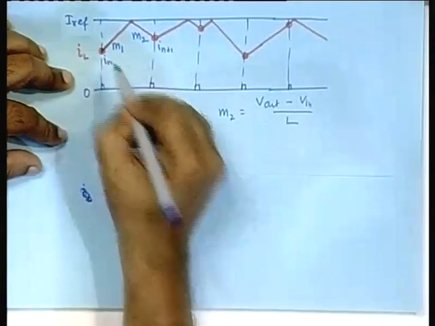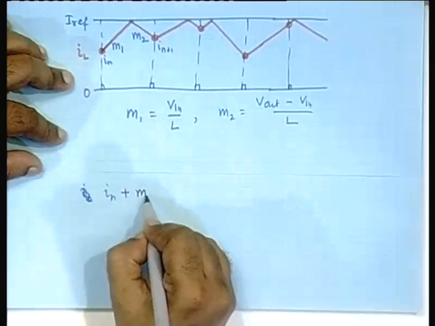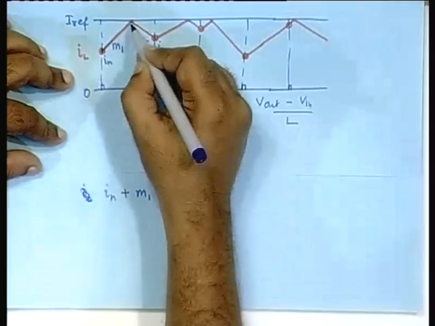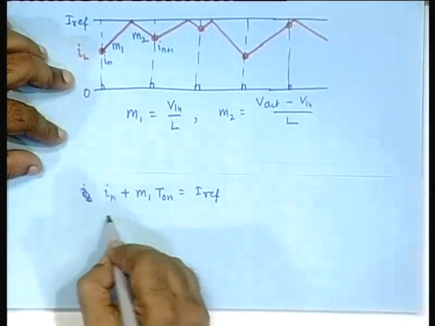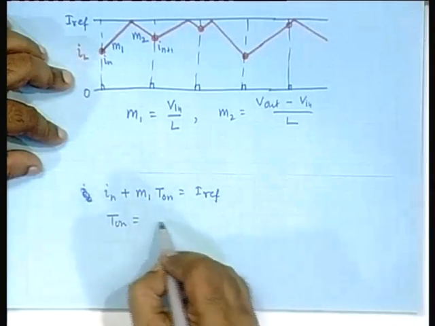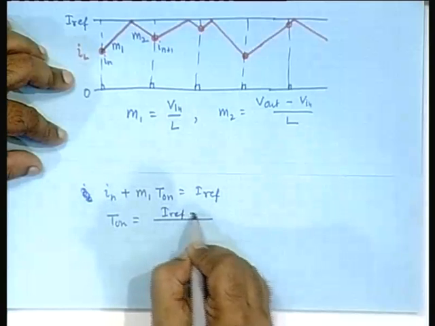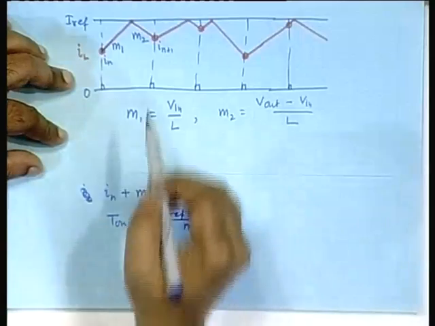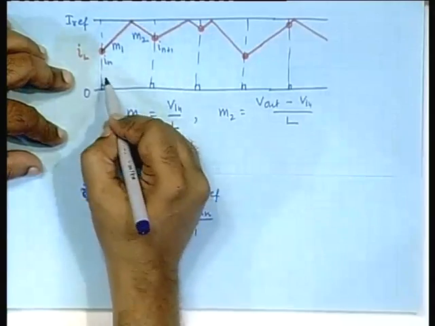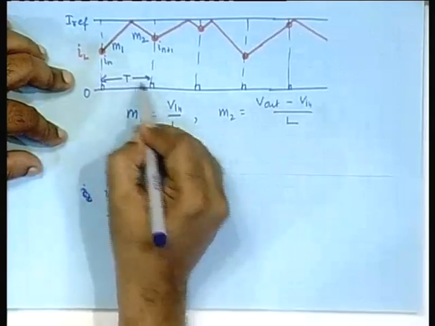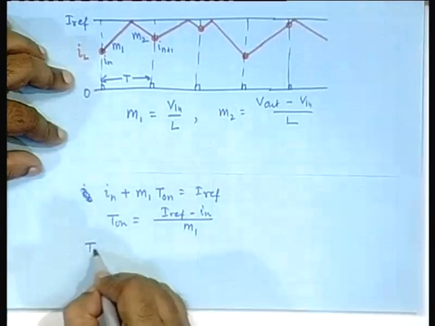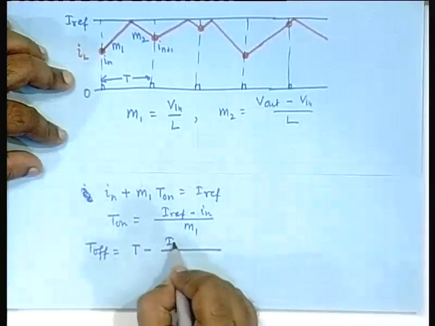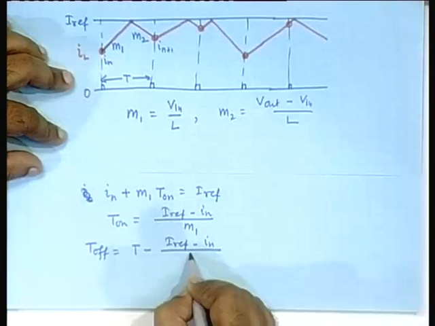I n plus M1 T on is equal to I ref, right, it has reached I ref, which gives me T on. So, how much is the off time? That is the total clock period T minus T on. So, T off is equal to T minus (I ref minus I n) by M1.